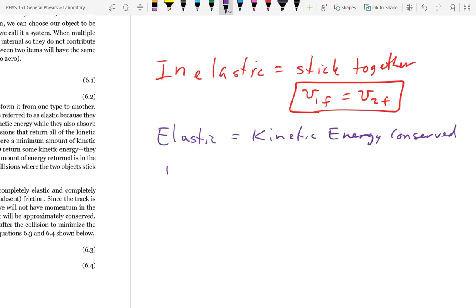So that means you're going to have 1/2 m1 V1 initial squared plus 1/2 m2 V2 initial squared equals 1/2 m1 V1 final squared plus 1/2 m2 V2 final squared. That equation is really not fun. Why is it really not fun? Because it has all those squared speeds.